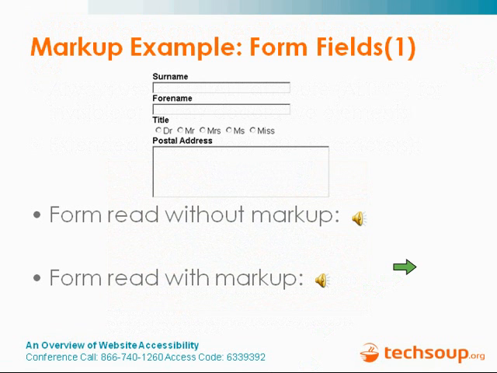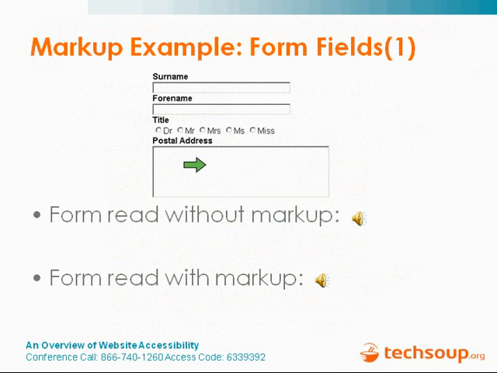So moving on from attribute examples, in what I'm terming attribute examples, you're simply adding some text to an existing tag. For markup, you may be adding additional tags. So in this case, we're looking at form fields, which also often are not marked up correctly so that screen reader users can access them. We have a very simple form field here where somebody's being asked to enter their surname and their forename. They're asked to check a radio button as to their title.